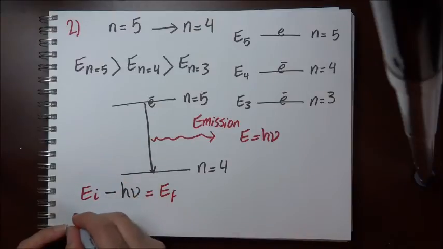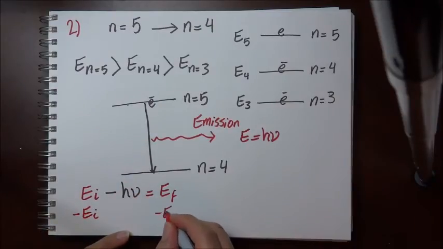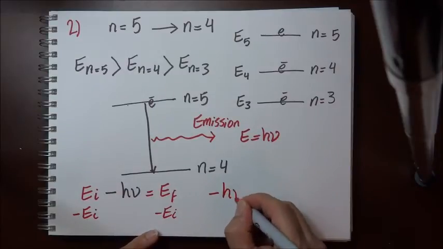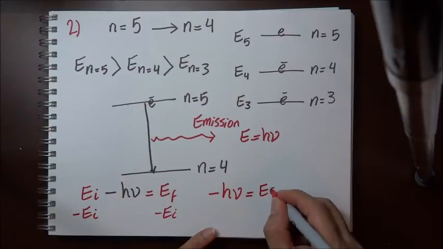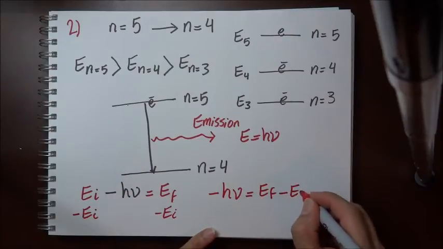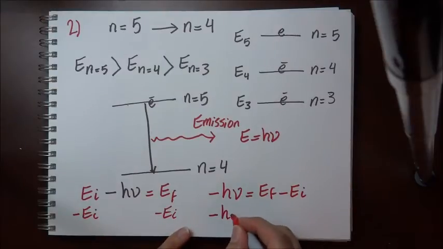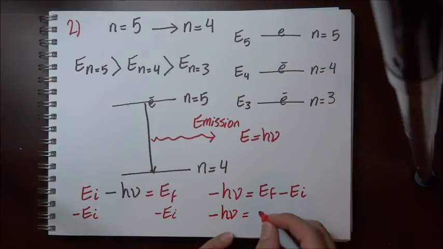If you subtract EI from both sides, like the previous case we did, we will get minus h nu equal to EF minus EI. And we know the right side we can write as delta E.